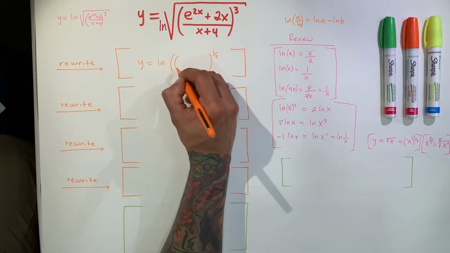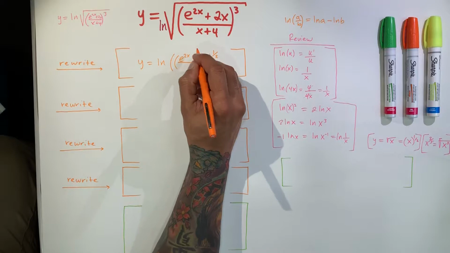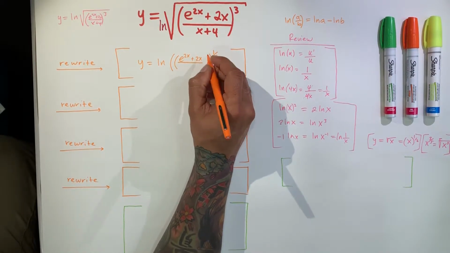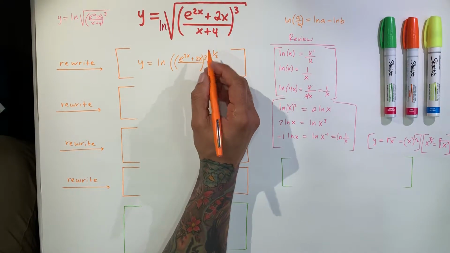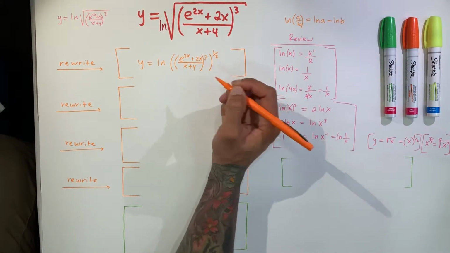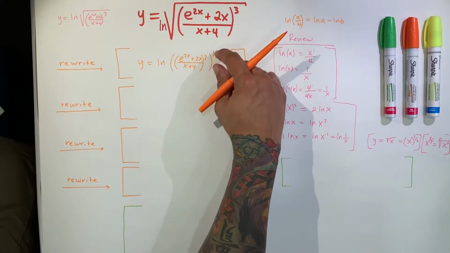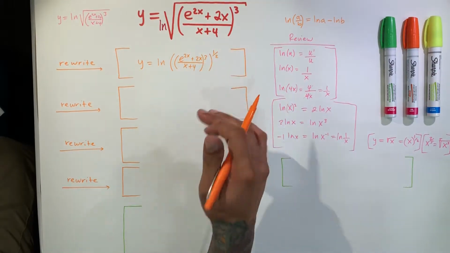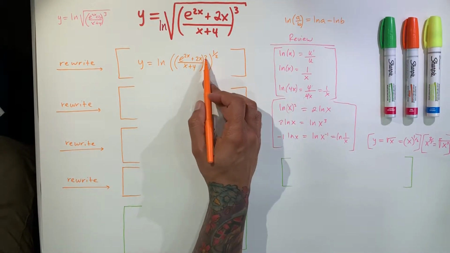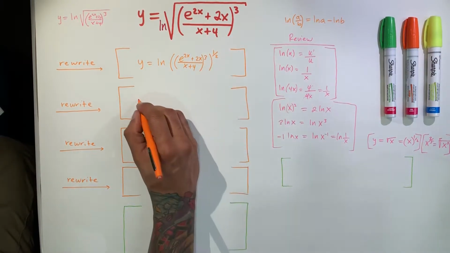And on the inside, I have e to the 2x plus 2x, everything is cubed in here, and then on the bottom of the fraction, we're just going to have x plus 4. So I haven't done anything but rewrite it. I put this square root in fraction form. That's all I did. Now let's rewrite this one more time. This is raised to an exponential, and we can multiply those two together.